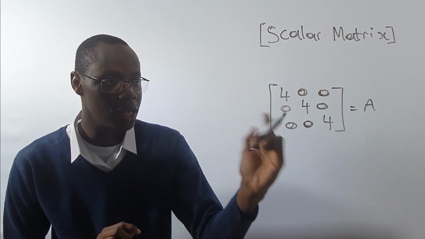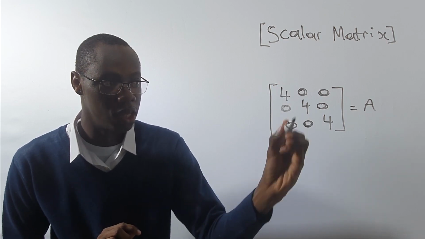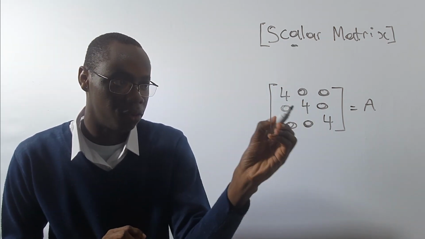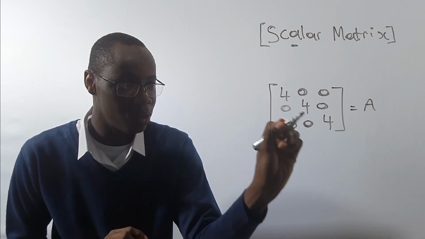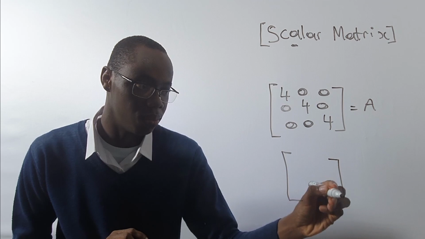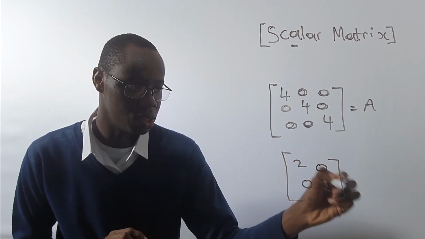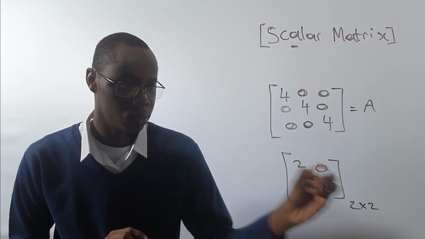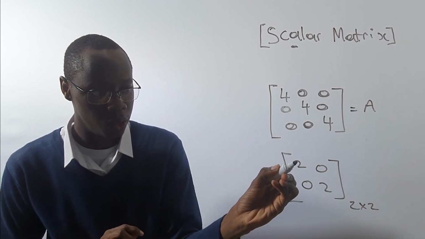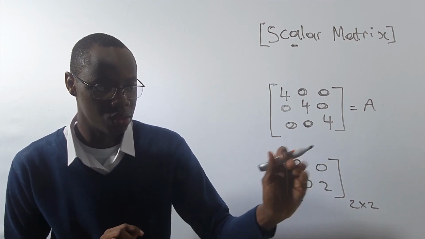See, 4, 4, 4. That's why it's a type of diagonal matrix, but this time we're having equal elements. So the moment you have, let's say, 2 and 2, and then you have 0 and 0, so this is a 2 by 2 now. You can see this is a scalar matrix. We have 2 and 2 in the main diagonal, and of course 0 elements elsewhere.